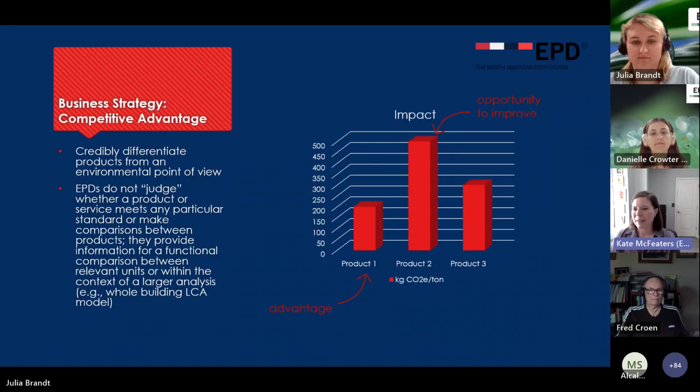Another example would be that if, looking at the graphic, product 3 is located much closer to the site where it's going to be used, but product 1 is located on the other side of the globe, that's something that needs to be taken into consideration independently. But the beauty of having the EPD is it gives you all this information to help you make decisions, both for the end user consumer and for the manufacturer, where you can identify areas where you can improve a product.